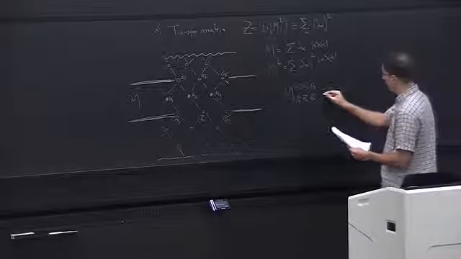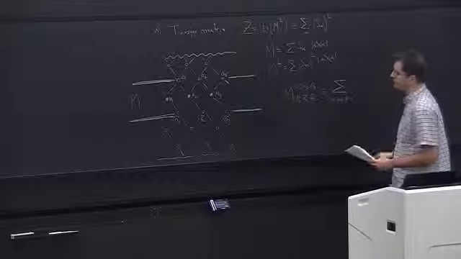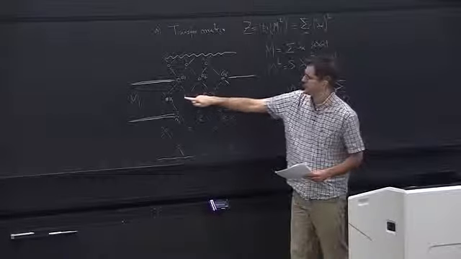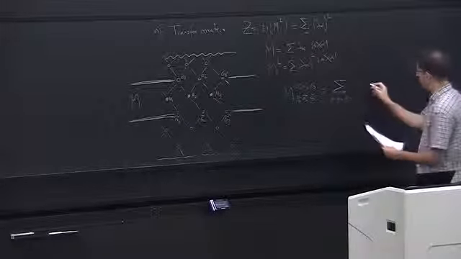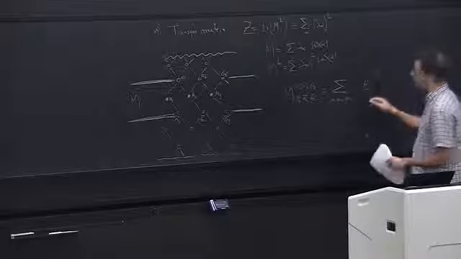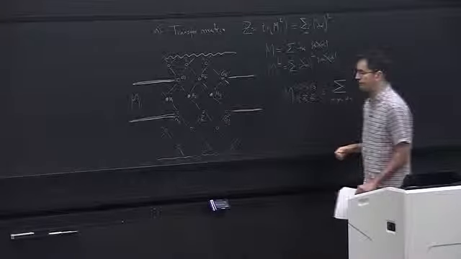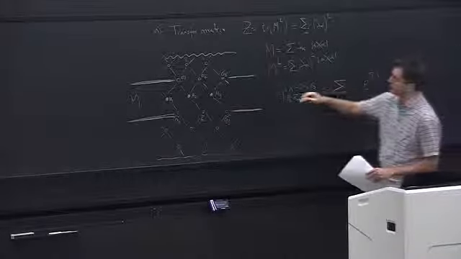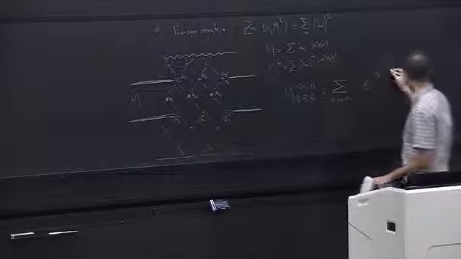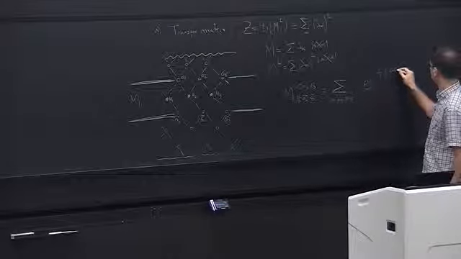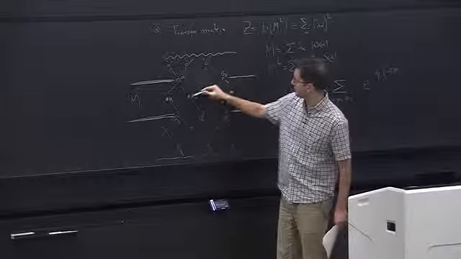We define it to be the sum over mu1, mu2, and mu3, so the sum over the spins inside the region, of the Boltzmann weights of all the spins, the sigmas, the sigma tildes, and the mu's. So I start here saying, okay, I have nearest neighbors sigma 1 and mu1. So I put the corresponding Boltzmann weight, sigma 1 times mu1. Now I realize there is also a connection between sigma 1 and mu2.